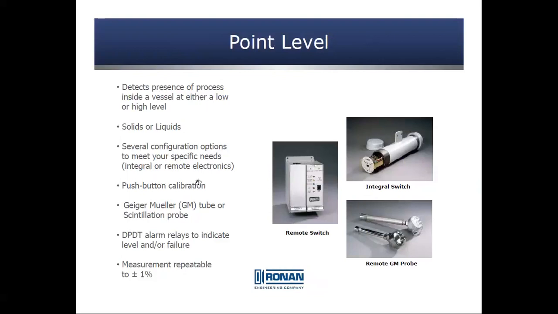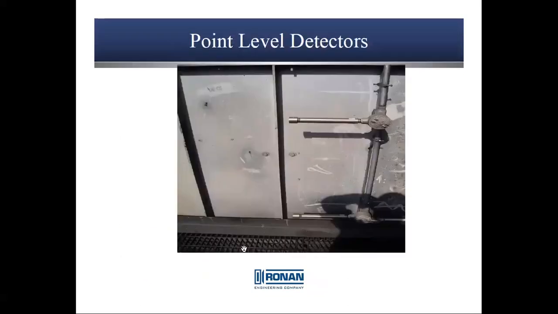We've got several different configurations based on what the customer might need, whether it's an integral where the electronics is right with the switch tube, or whether it's remote where we have this electronic piece some distance away. We offer double pull, double throw relay, and 1% accuracy. So here's the installation.